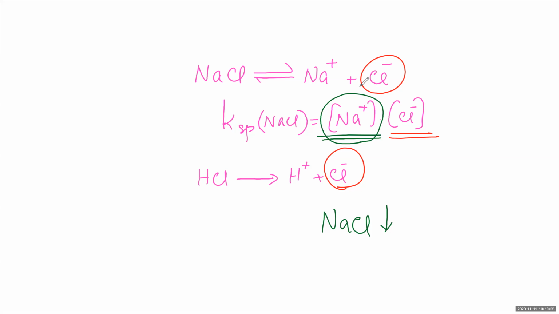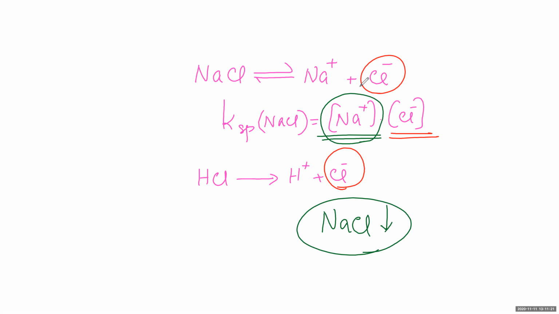So we can explain the purification of sodium chloride in two ways, either in terms of the common ion effect or in terms of the solubility product. We can give the explanation two ways.